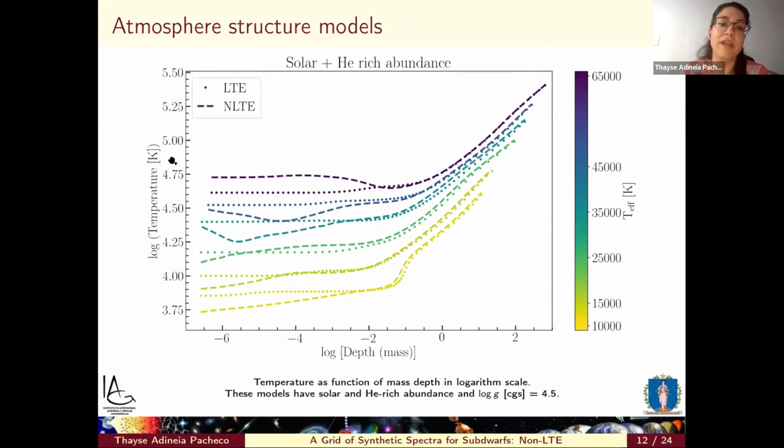I'm comparing the profile of the atmosphere structure, comparing LTE and non-LTE models for these effective temperatures, and we can see the difference is here in the upper part of the atmosphere, which is important to line formation.